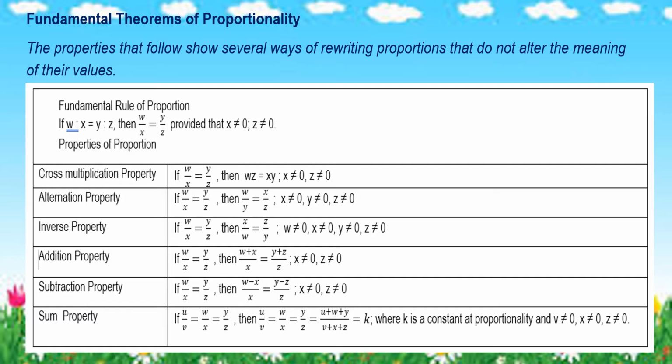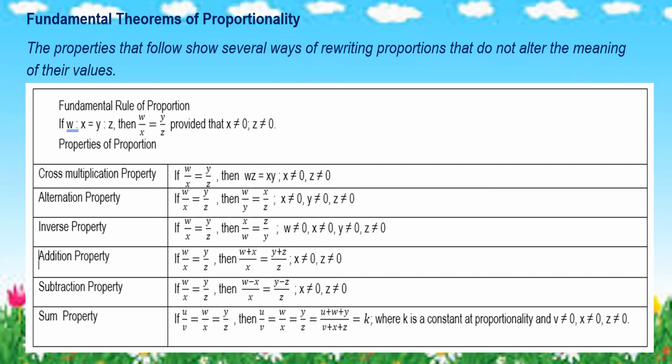Now we can use these properties in rewriting proportions. If we rewrite proportions by applying these properties, we do not change the meaning of their values. We rewrite them, but we do not change the meaning of their values.